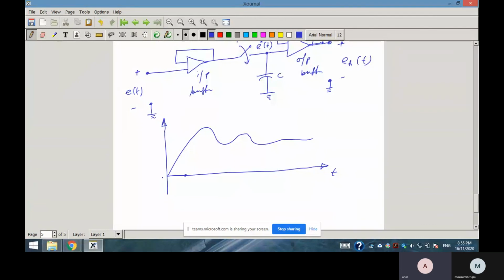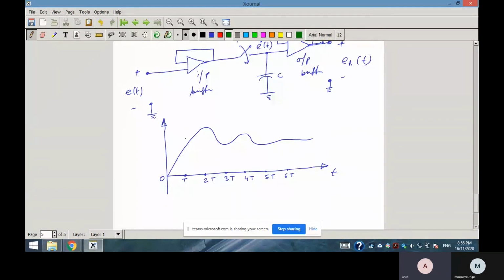Suppose this is 0, this is T, this is 2T, this is 3T, and so on, 4T, 5T, 6T, and so on.